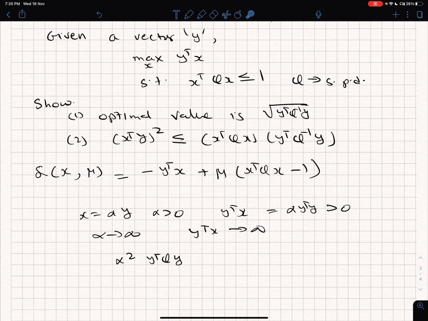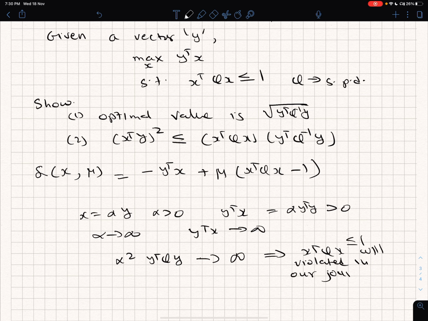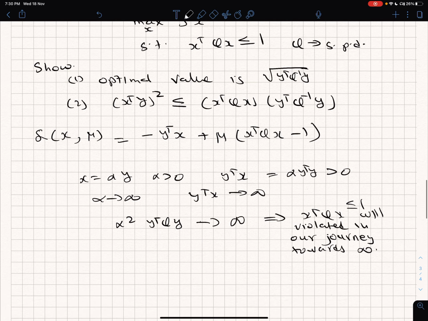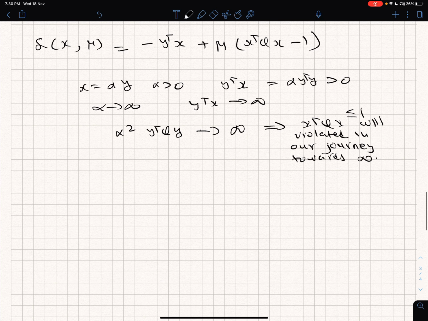So x transpose Qx less than or equal to 1 will be violated in our journey towards infinity. Hence we can conclude that this constraint will have to be active.